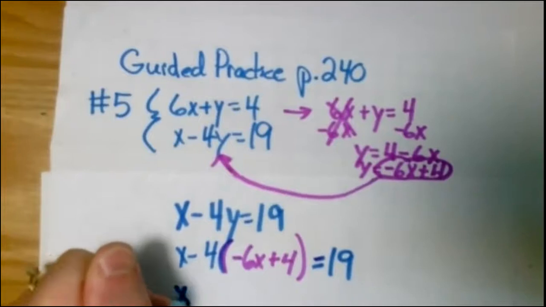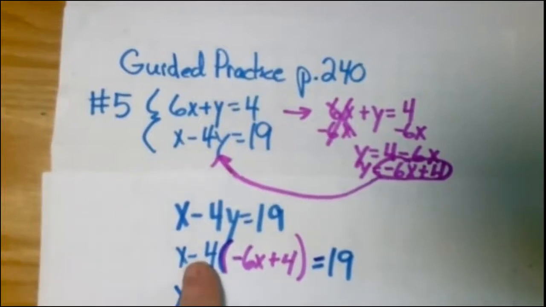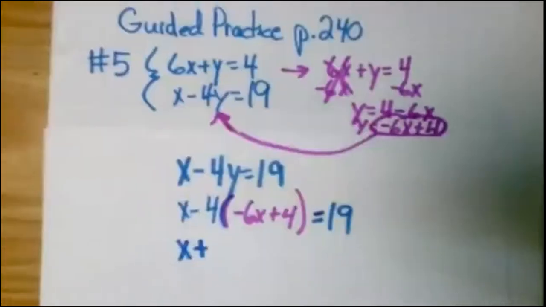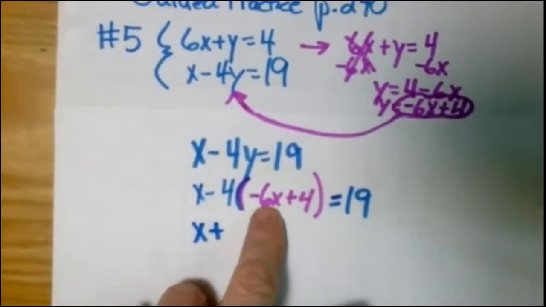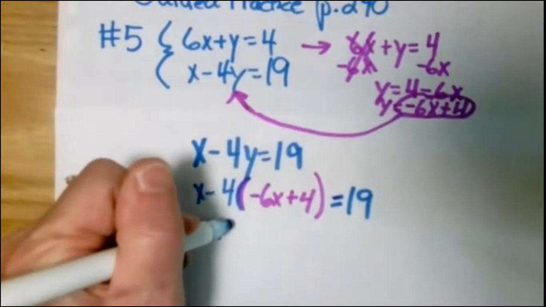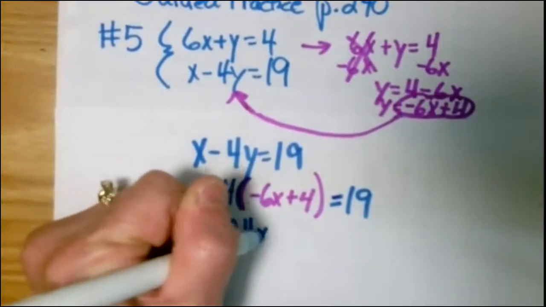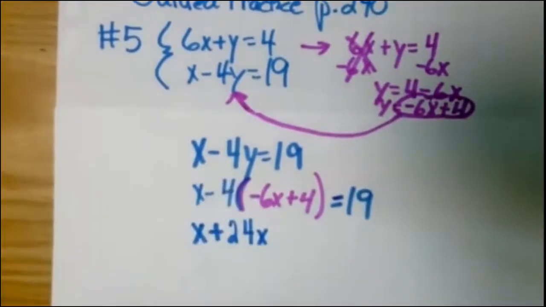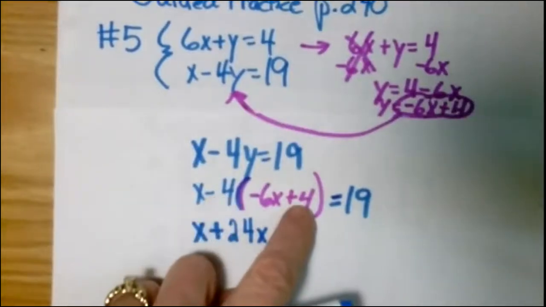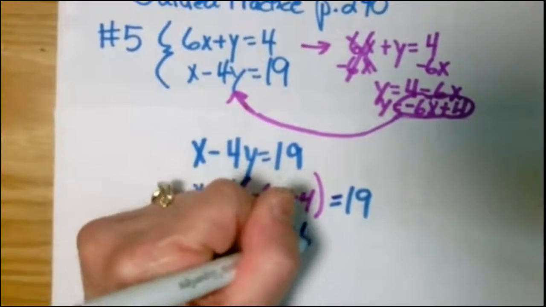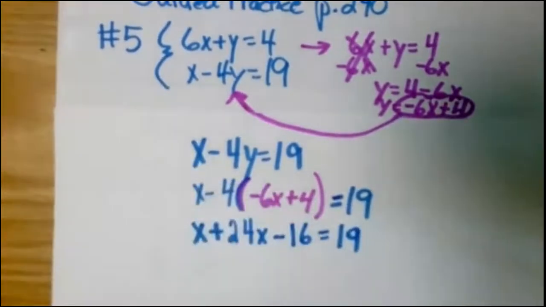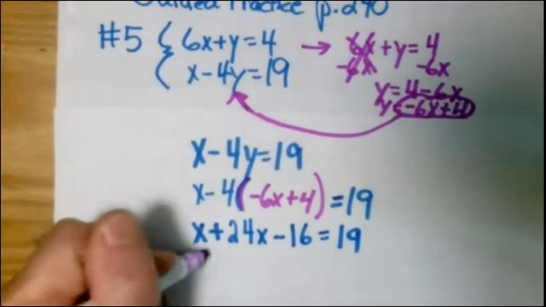Be careful, I'm going to change this to an x plus a -4. -4 times -6 is going to give me a positive 24x. And then -4 times a positive 4 is going to give me a negative 16, all equals 19. So now I've got to combine my two x's.